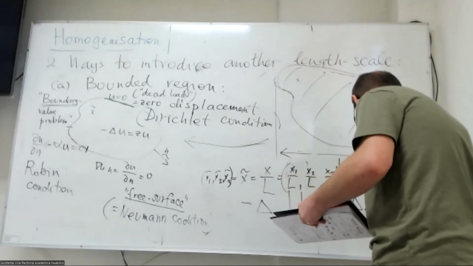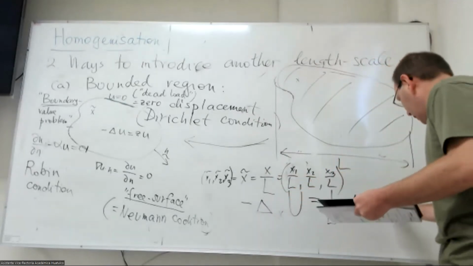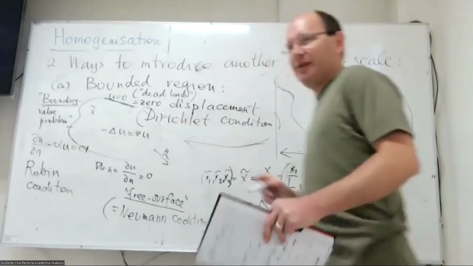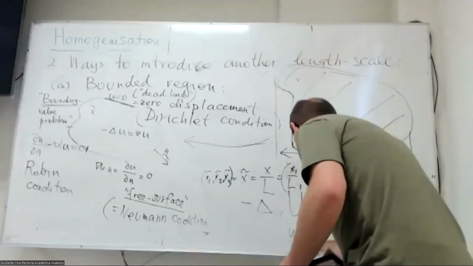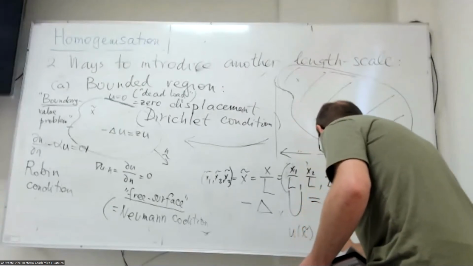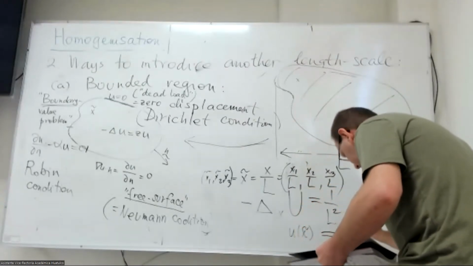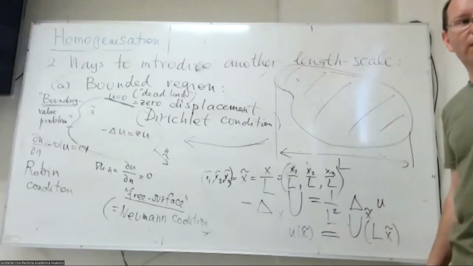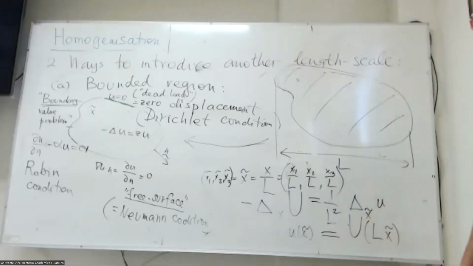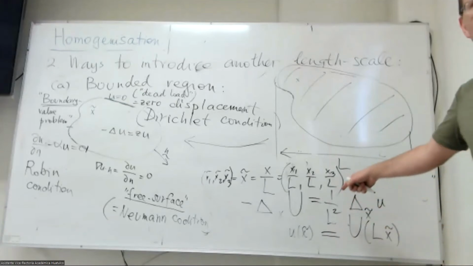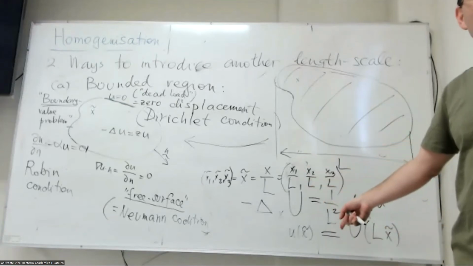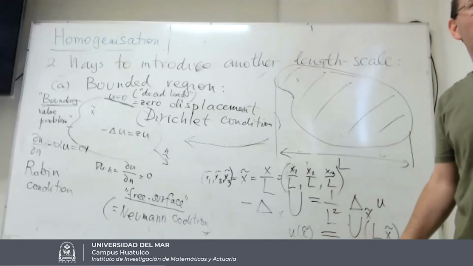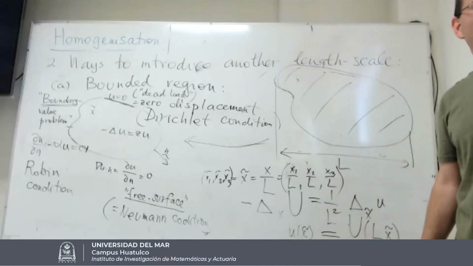The Laplacian with respect to x tilde now of this function lowercase u, which lives here, that I introduce by this formula, that I relate to capital U via this formula. Does this make sense? It's a simple change of variables that we're all familiar with from year one calculus.